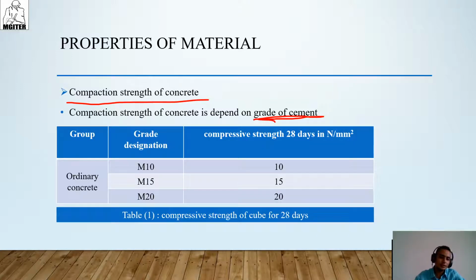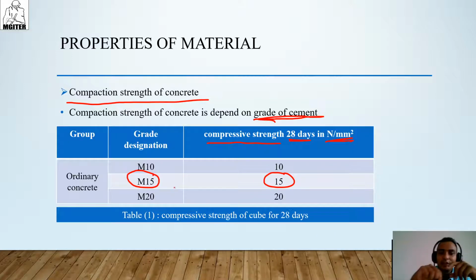So what is the grade of cement? If I am saying I am taking M50 grade of cement, the concrete compressive strength in 28 days in Newton per mm square is 15. How can I describe it here?